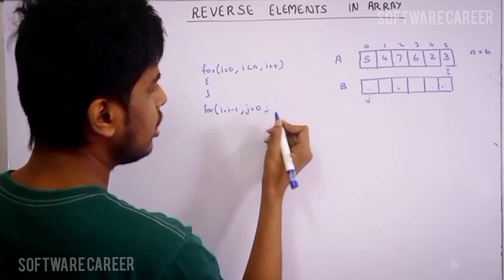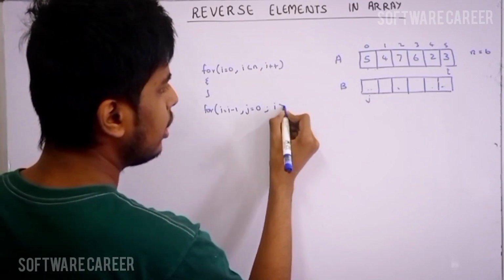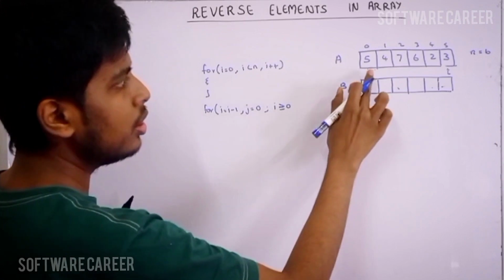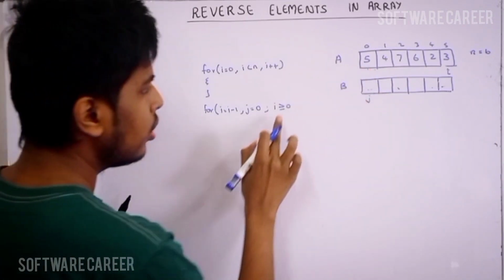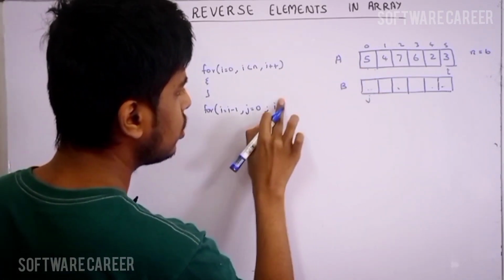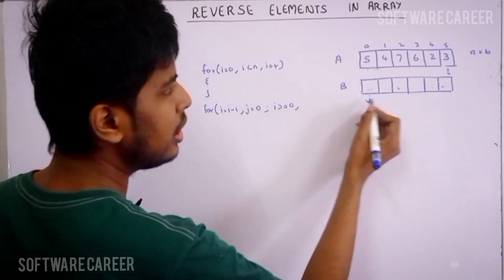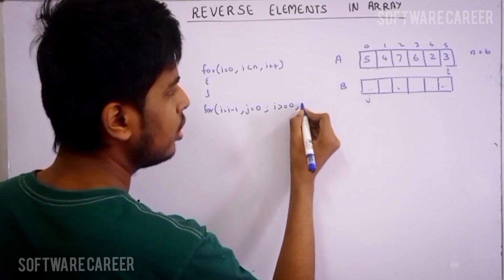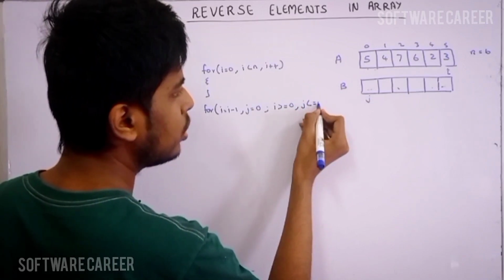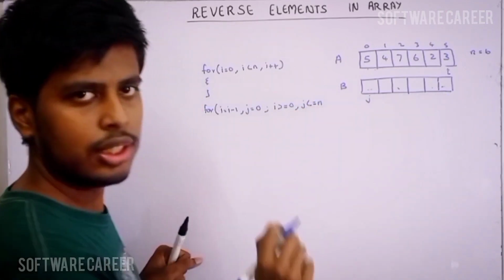Next condition is I greater than or equal to 0, because it goes till there, and j less than or equal to n, because it travels till n.